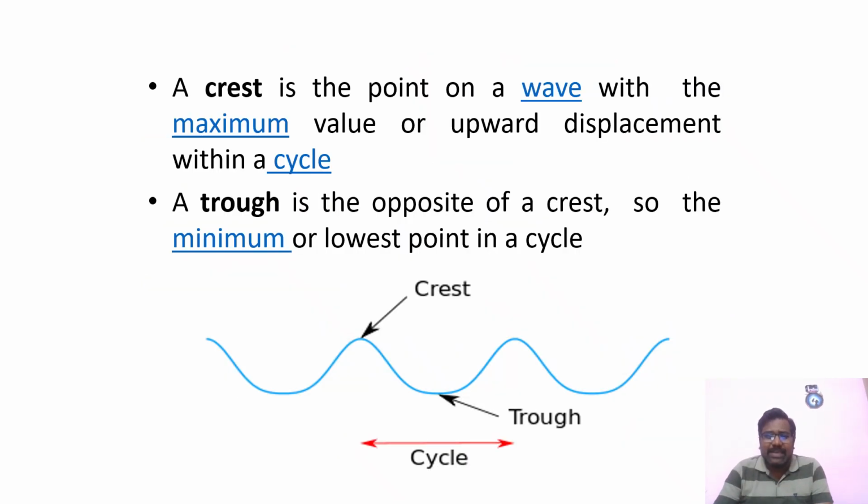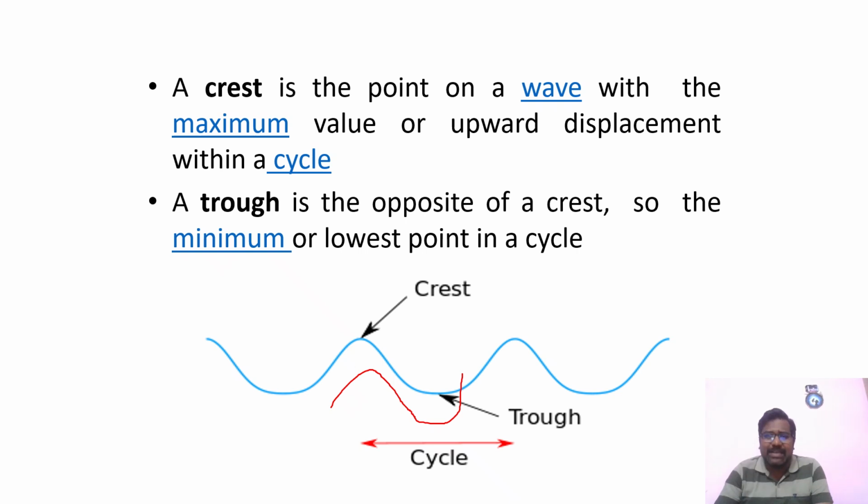As for the definition, the crest is a point on a wave with the maximum value or upward displacement in the cycle. This cycle is one positive and one negative wave, so this is one cycle. In the cycle, the positive peak is the crest.